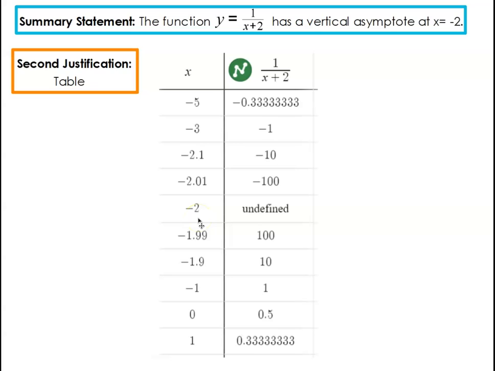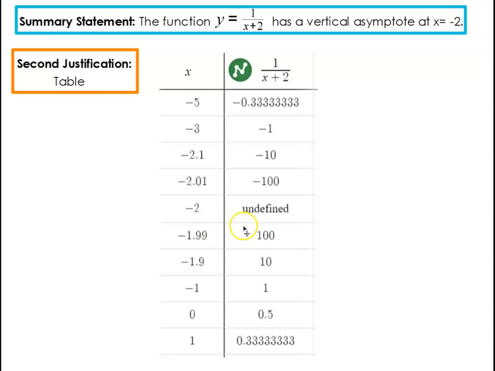That's interesting after looking at the graph representation, because on the graph we see it never crosses x equals negative 2. On a table it shows up as undefined, meaning there is not a value there. Since there is no function value there, we can lead up to saying that there could be a hole or there could be an asymptote. But looking at the graph helped us realize that it wasn't just a hole, it was an entire asymptote.